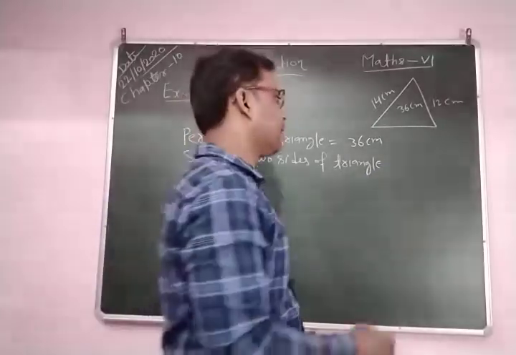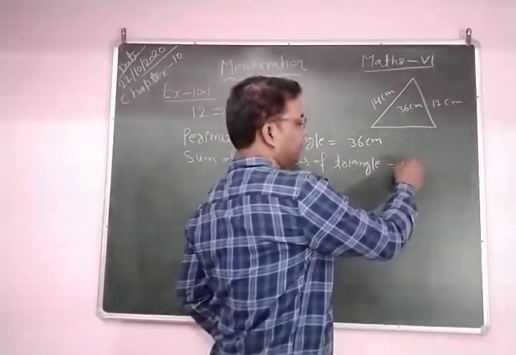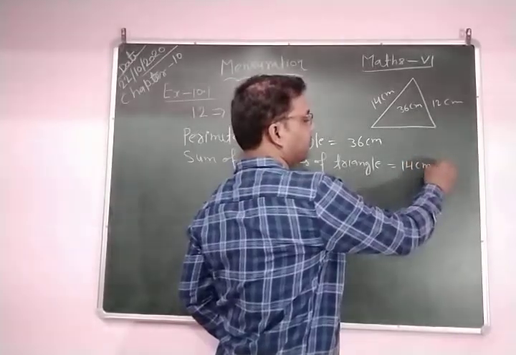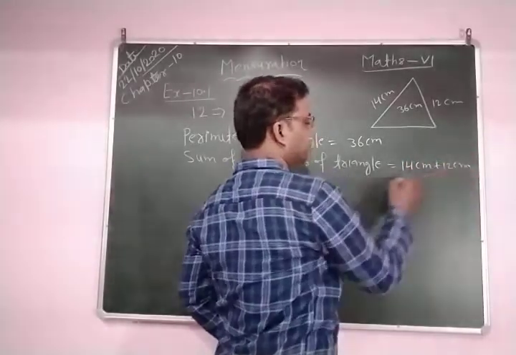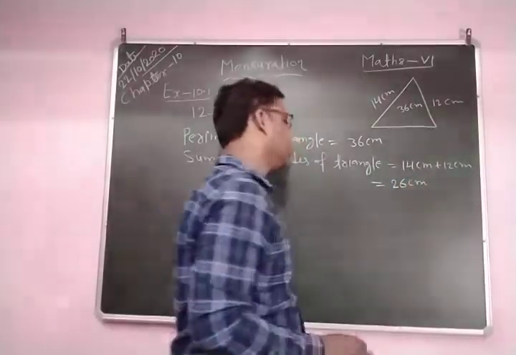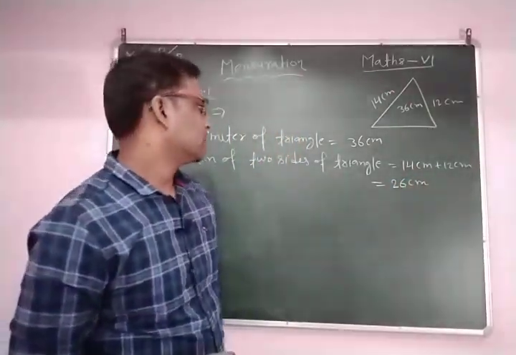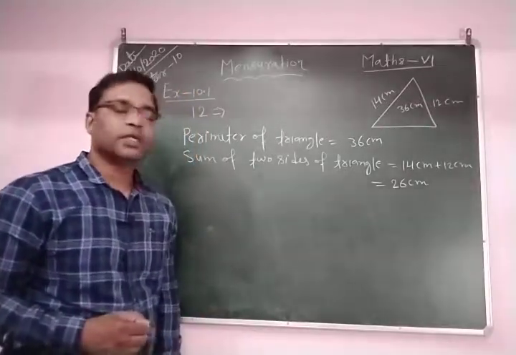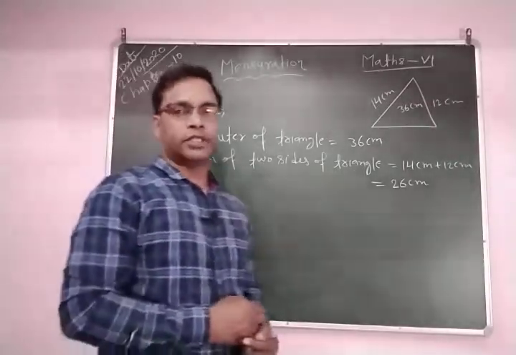If we add them, we obtain 14 centimeters plus 12 centimeters, which is equal to 26 centimeters. So here we find the sum of two sides of the triangle is 26 centimeters.